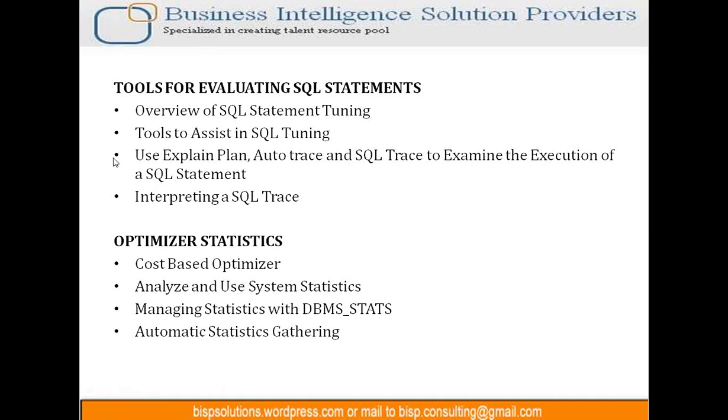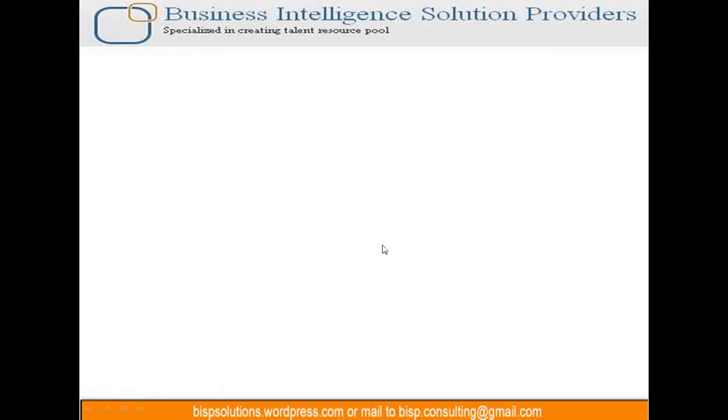And then we will have a look at the optimizer statistics: what exactly is an optimizer, what does it do, what are the different types of optimizers that we have. We have something called a cost-based optimizer, and then we'll see how statistics are gathered for this optimizer.